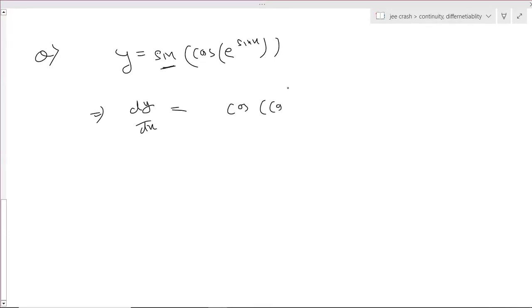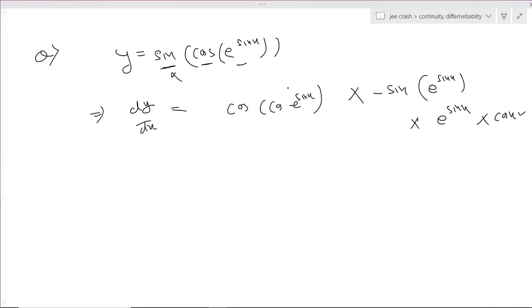So cos of e to the power sine x into, this is gone. Now differentiation of cos is minus sine e to the power sine x into differentiation of e to the power sine x, which is e to the power sine x. Differentiation of sine x is cos x. All right, this will be the answer. So chain rule is very important.